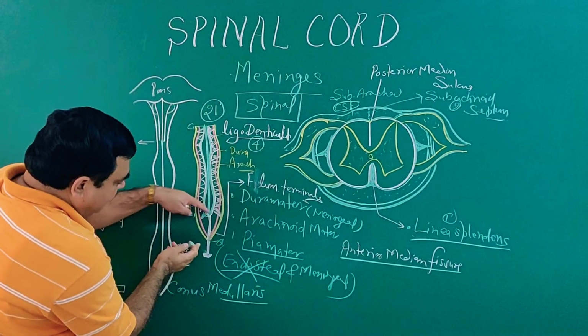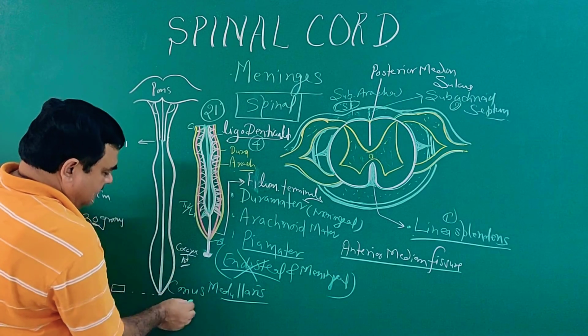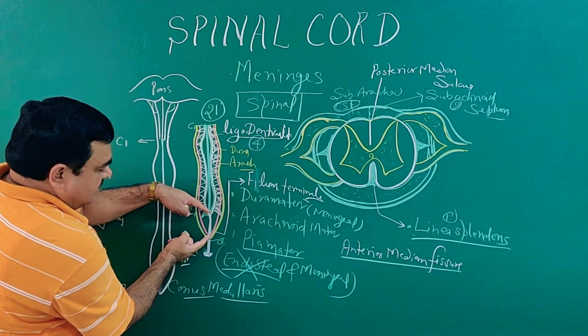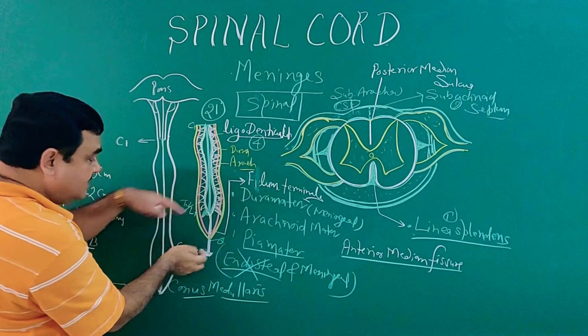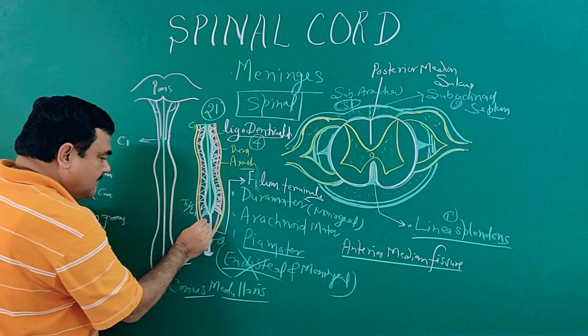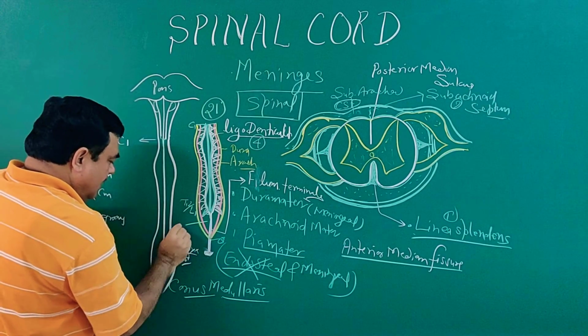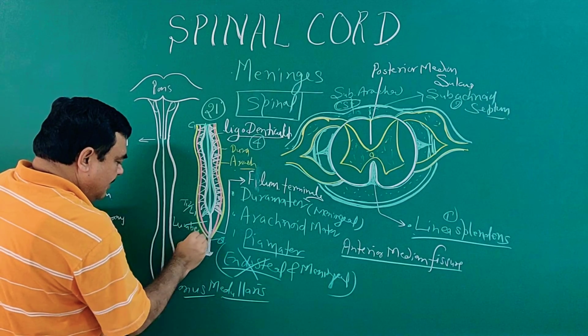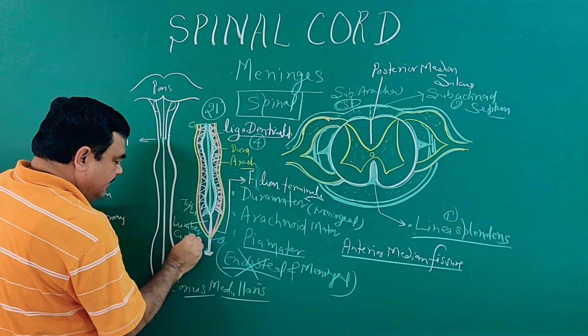In the lower part, below the conus medullaris, you can see this subarachnoid space is large and roomy. This is known as the lumbar cistern.